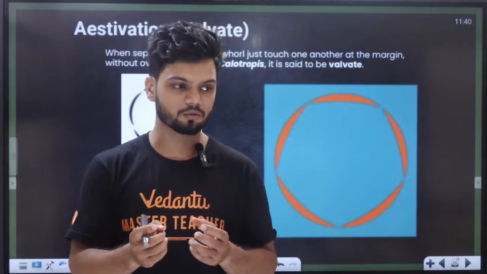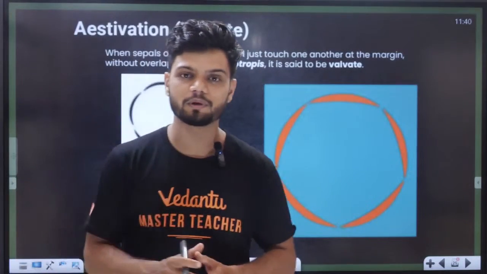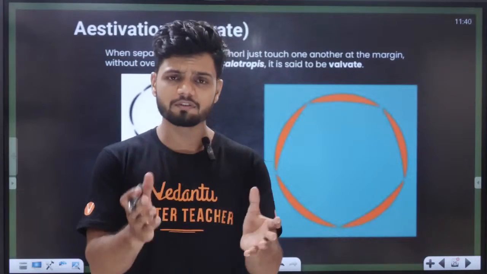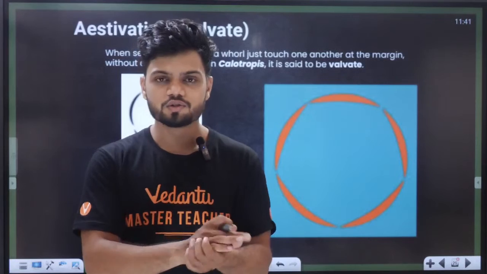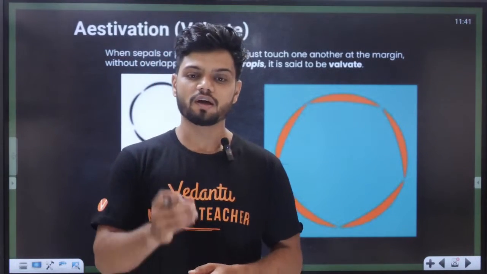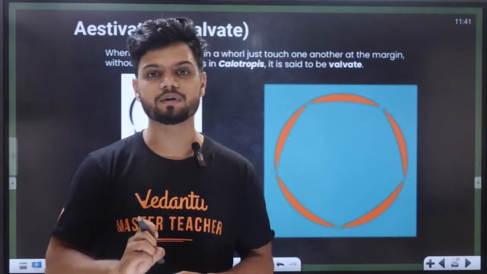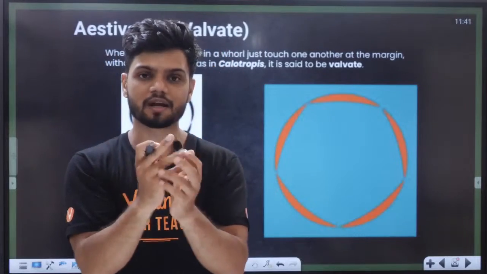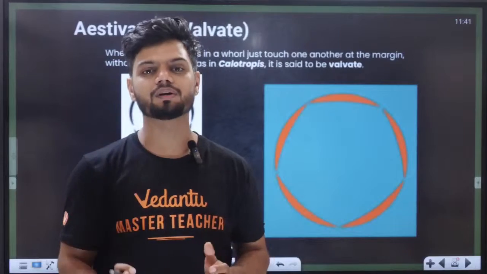You arrange some flowers in your house, you arrange your pillows, you arrange your books, or you take one book and divide it into chemistry, physics, biology. So basically arrangement is happening. So in estivation, we see the arrangement of petals or sepals with respect to each other. And how are they arranged? There's a pattern. Identifying that pattern is called estivation.